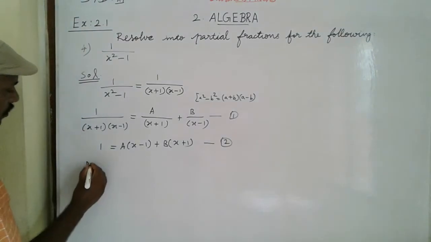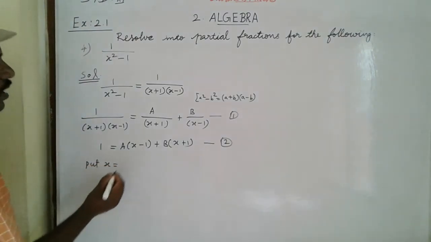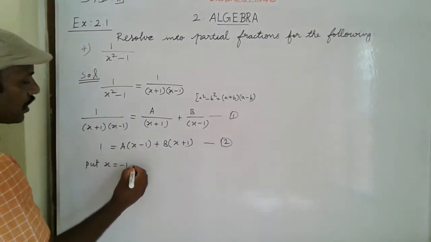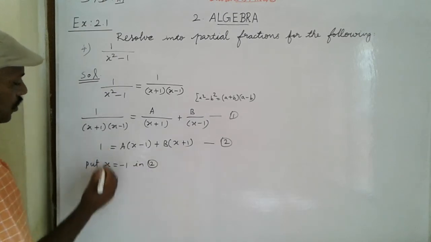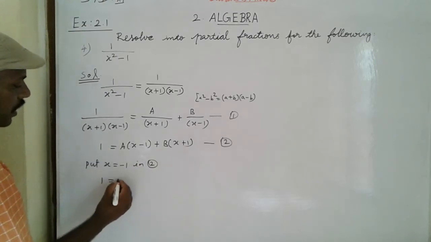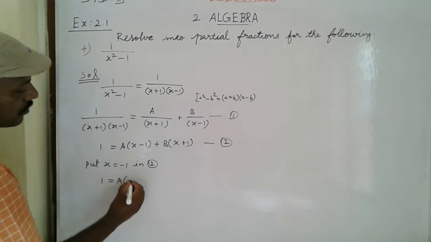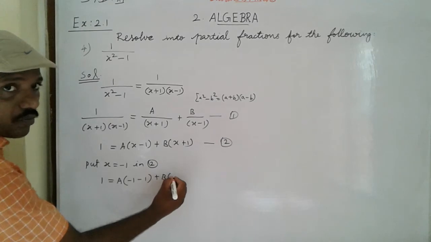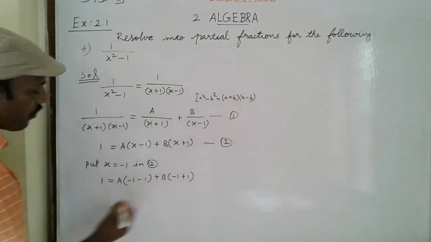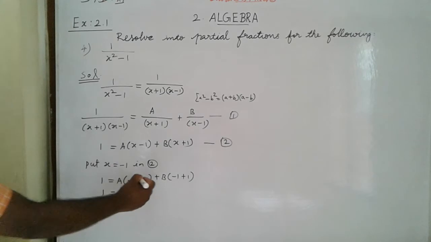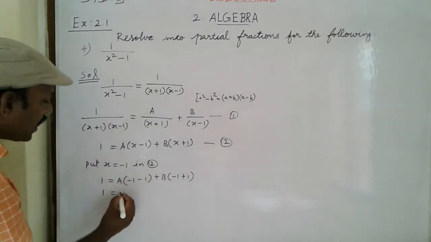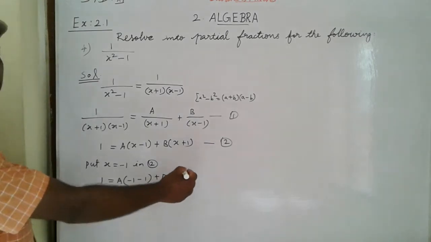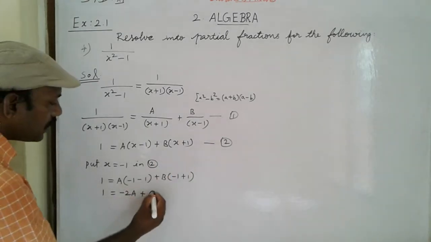Put x equal to minus 1, then we get b is 0, minus 1 in 2. So 1 equal to a into x value minus 1 plus b into x value minus 1, so minus 1 minus 1 is minus 2 into a is minus 2a, plus b into minus 1 plus 1 is 0 into b is 0.